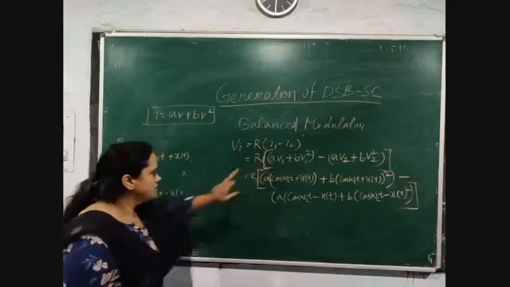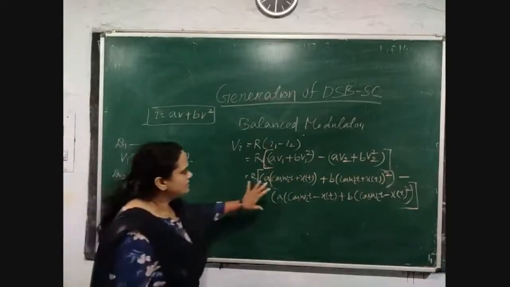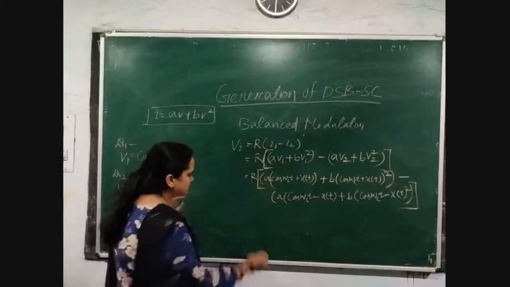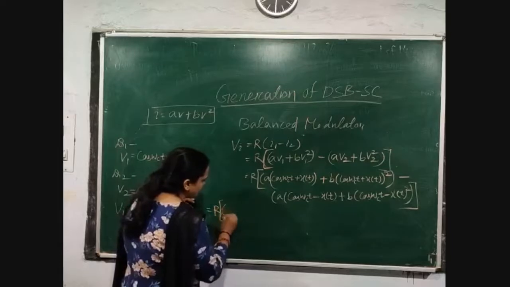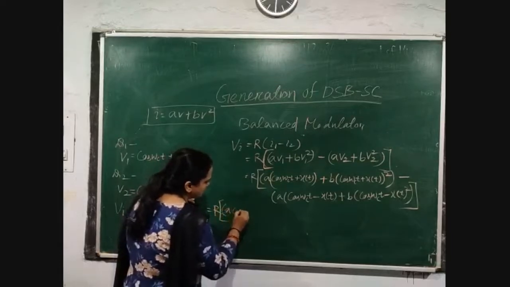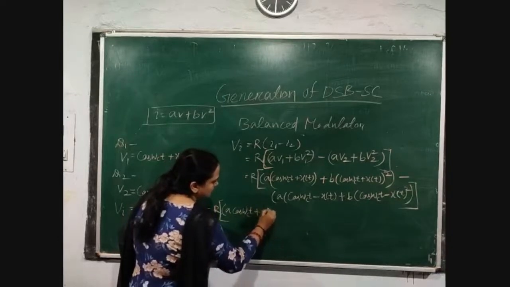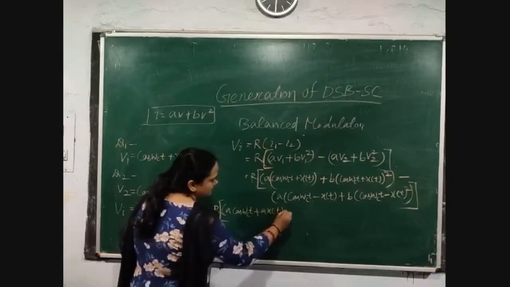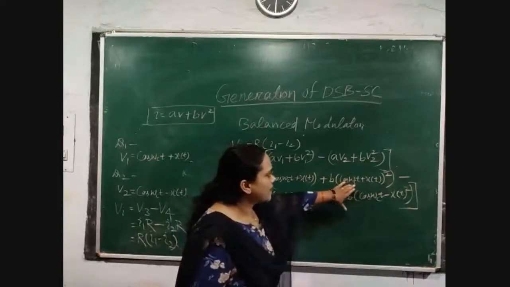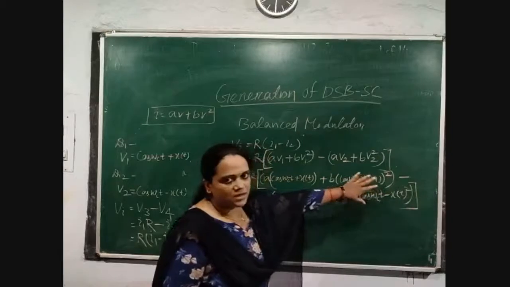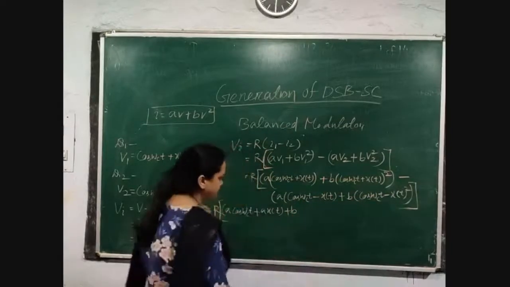In this equation we just substitute the value of V1 and V2. Then we just open up all the terms. A cos omega ct plus A x of t, then B, this one is in the form of A plus B whole square, so A square plus B square plus 2AB.